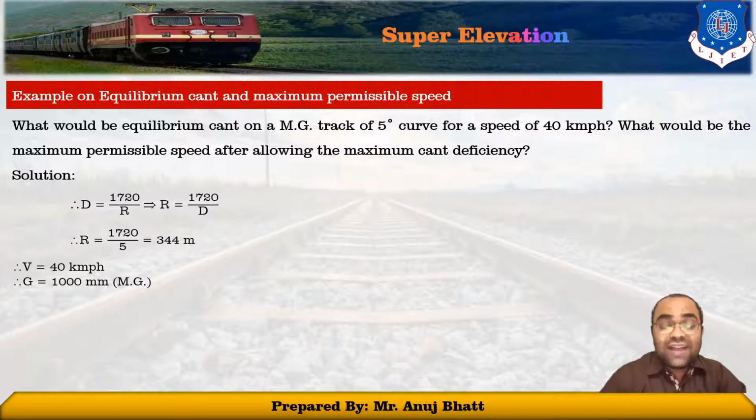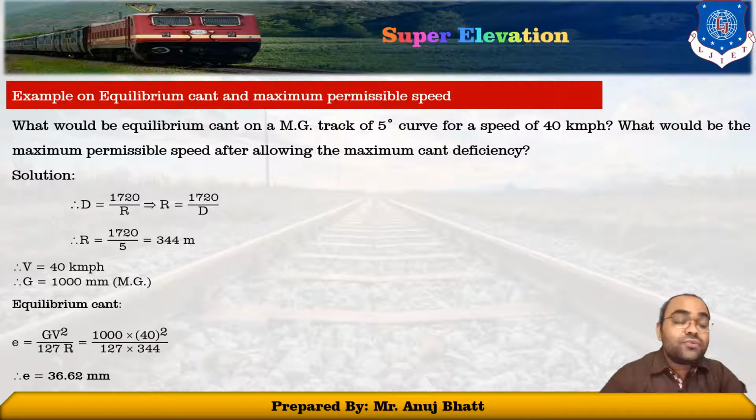Now we have the value of radius, speed and the gauge, so we can find out the equilibrium cant. To find the cant, we have the formula E = GV²/127R. We have the values of G, V and R. So let's substitute these values in the formula, and the value of equilibrium cant that we got is 36.62 millimeter.